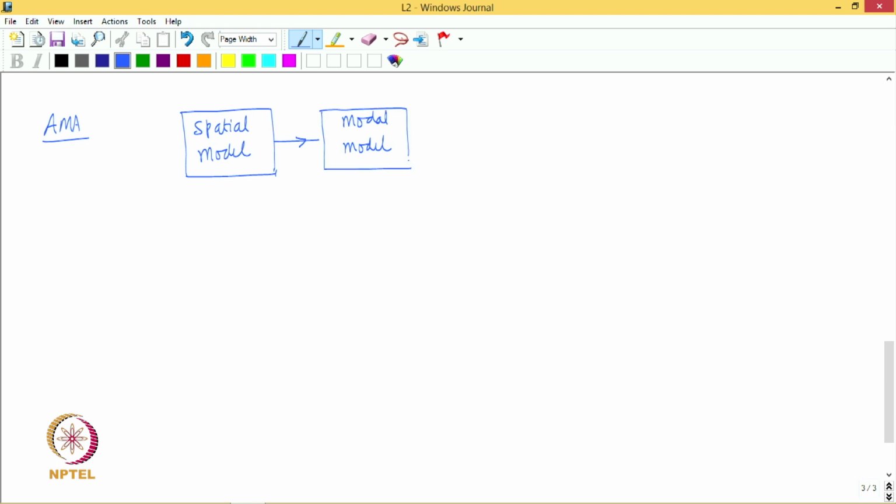That is the description in terms of the natural frequencies, mode shapes, and damping factors. Okay, so that is nothing but analytical model analysis. And it is also possible, if required, to obtain the response model from the modal model, and the response model can also be directly obtained from the spatial model. So, this is nothing but analytical model analysis.